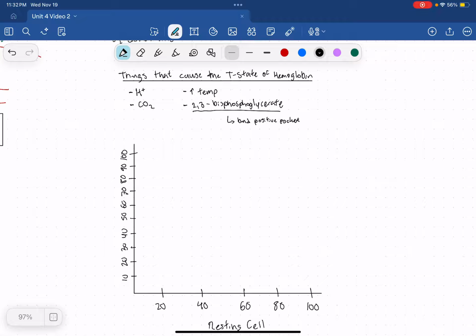These values are the percent of hemoglobin that is saturated with oxygen, or hemoglobin saturation.